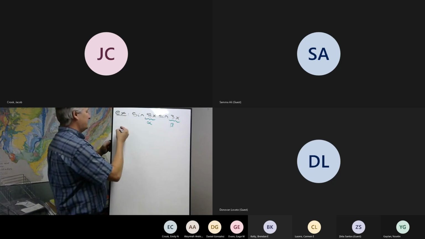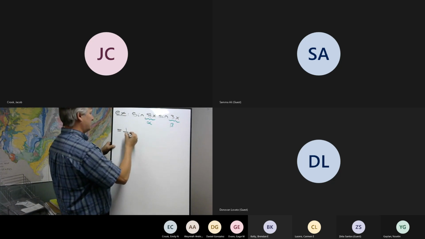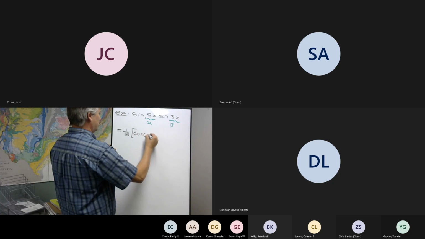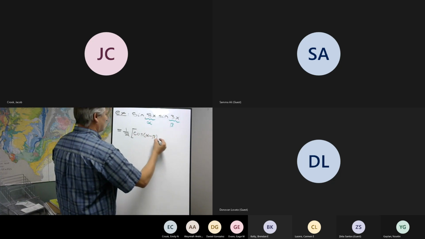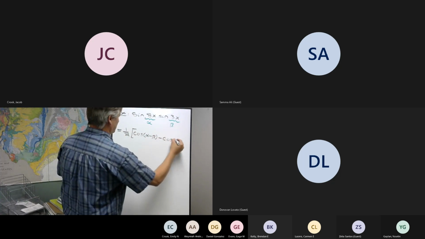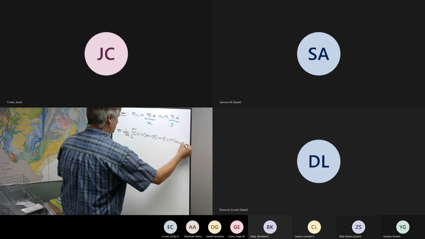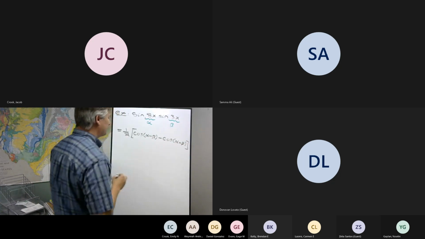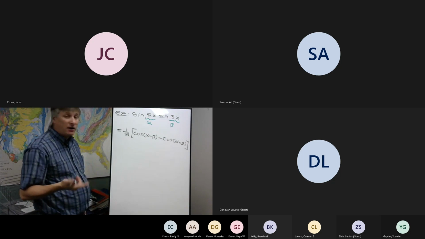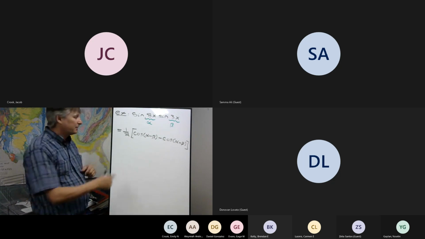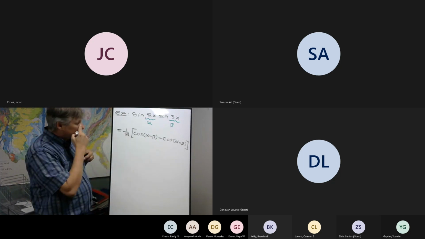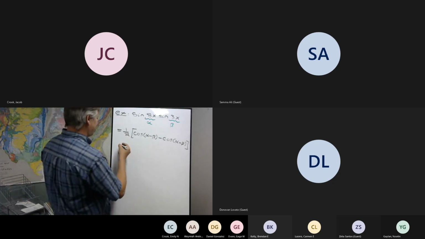So cosine of alpha minus beta minus cosine alpha plus beta. We take that whole thing, we multiply it by 1/2. That's the formula.